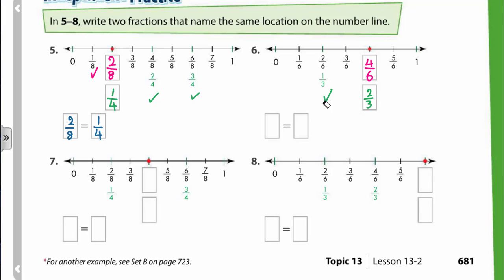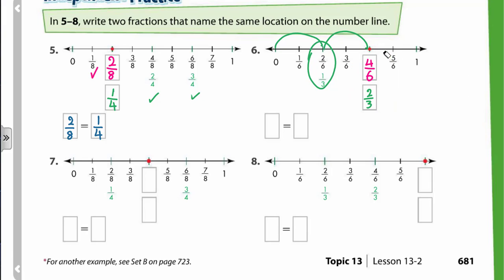Okay, that's right. We divided the distance from 0 to 1 into 3 equal parts. So this is the first, this is the second, and this is the third. So this is 1/3, and here 2/3. And of course, when we see here 1/3, so after the same distance, it will be 2/3.